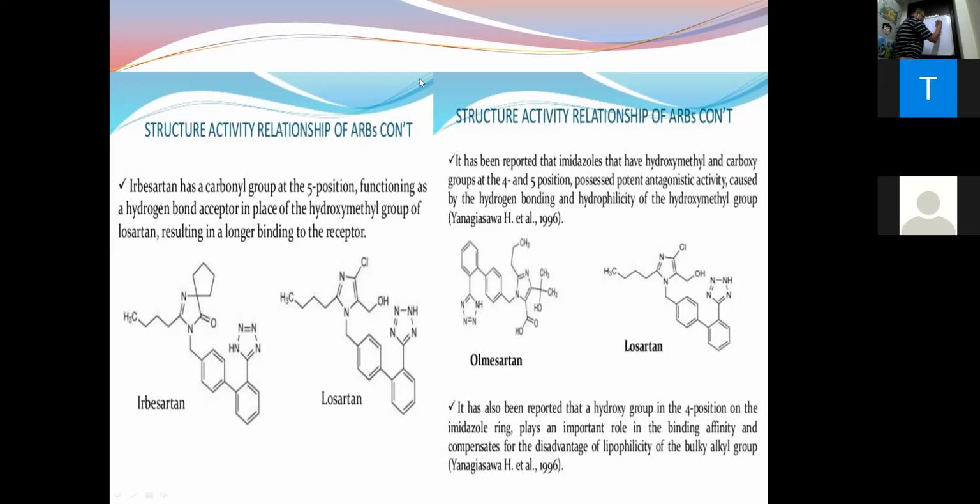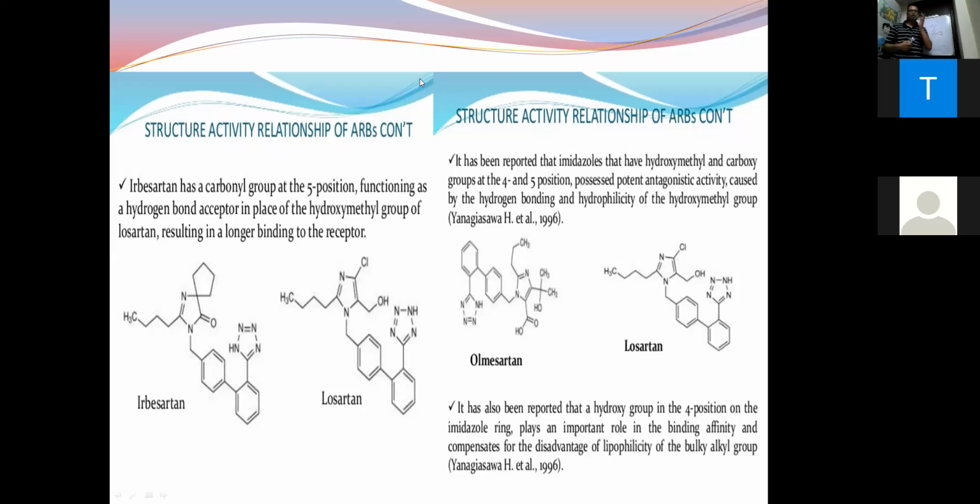It forms a spiro five-membered ring. 3rd position, 2nd position, again it is connected to butane. So this is the structure of irbesartan.